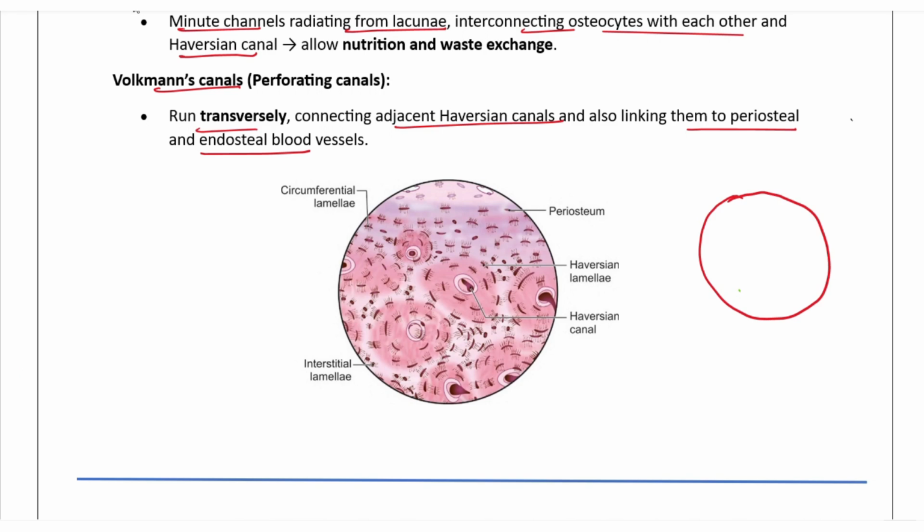One big round circle. Then you draw Haversian canals, surround them with concentric lamellae. Then you draw the interstitial lamellae.